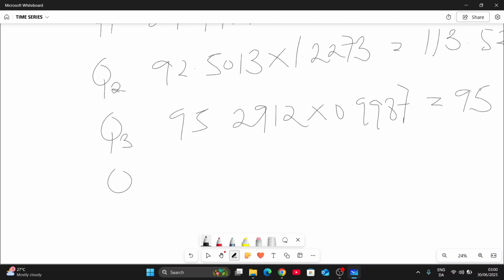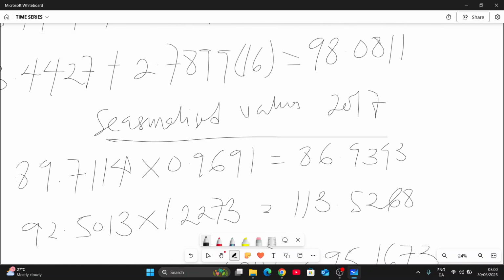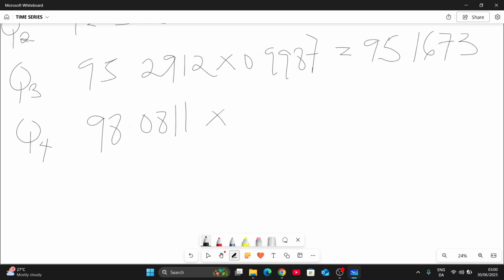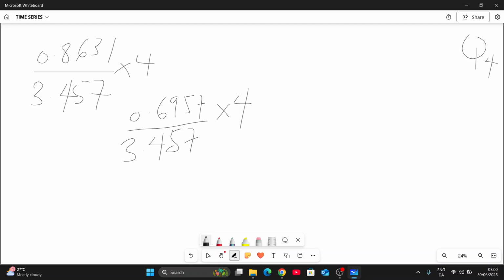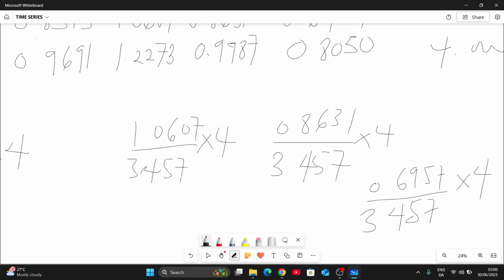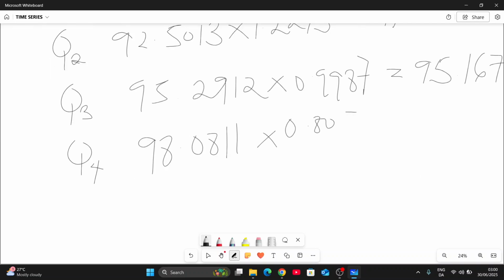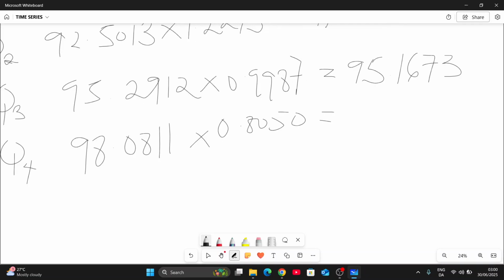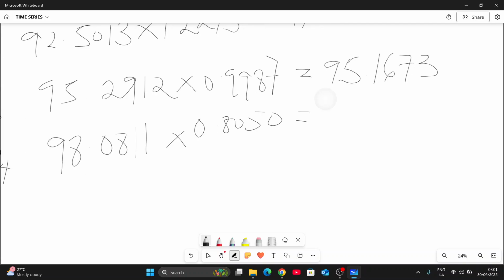And for the last quarter, we have a deseasonalized value of 98.0811 times 0.8050, giving us a value of 78.9553.